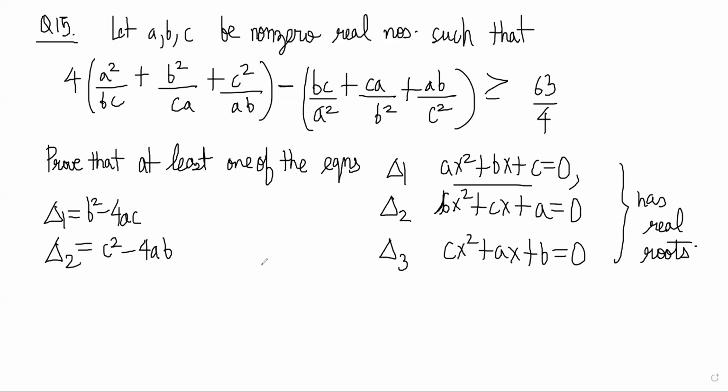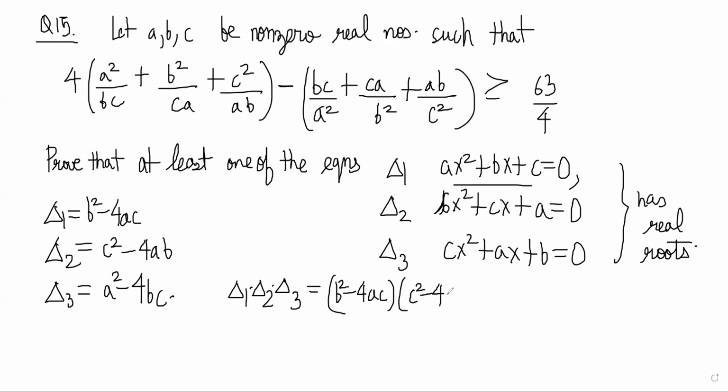And delta 3 will be a squared minus 4bc. Now, once we know the deltas, let's write the product delta 1 into delta 2 into delta 3. That is equal to (b squared minus 4ac) times (c squared minus 4ab) times (a squared minus 4bc).